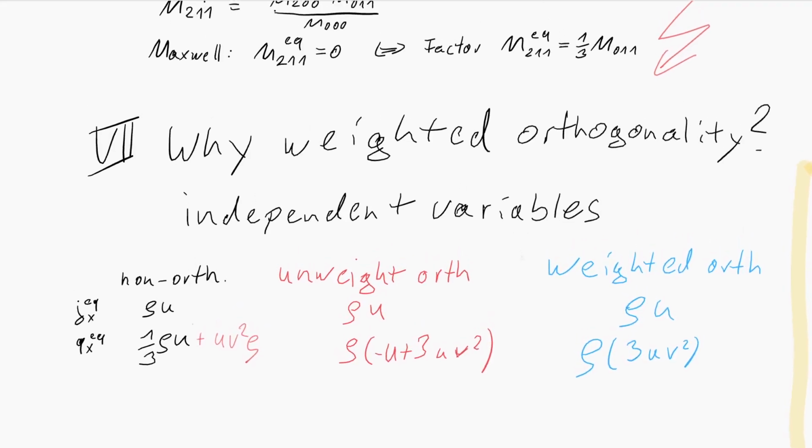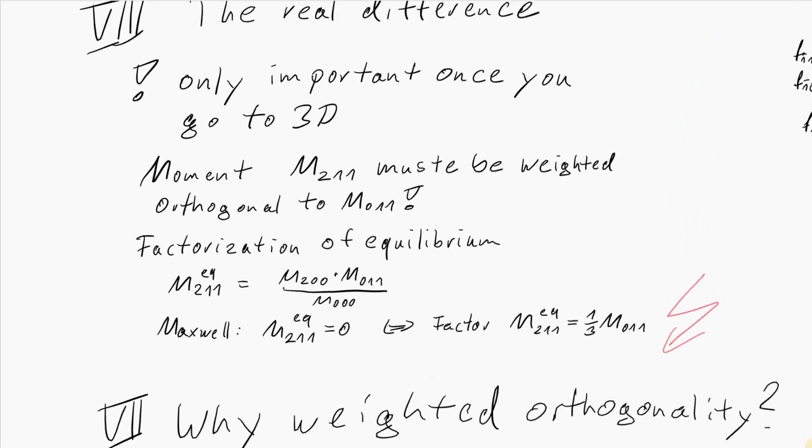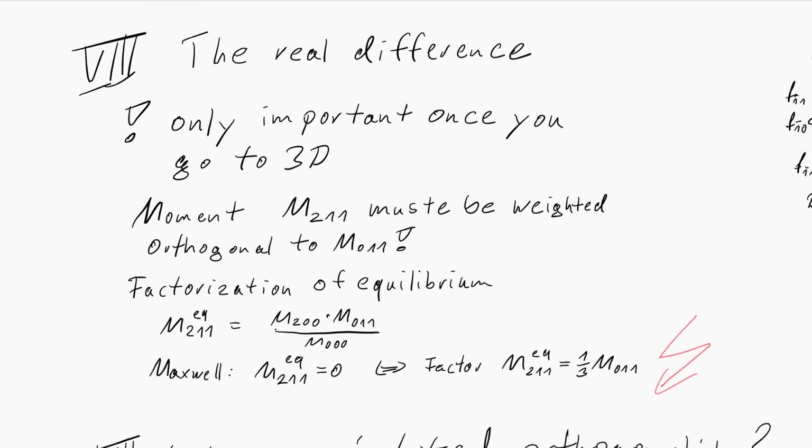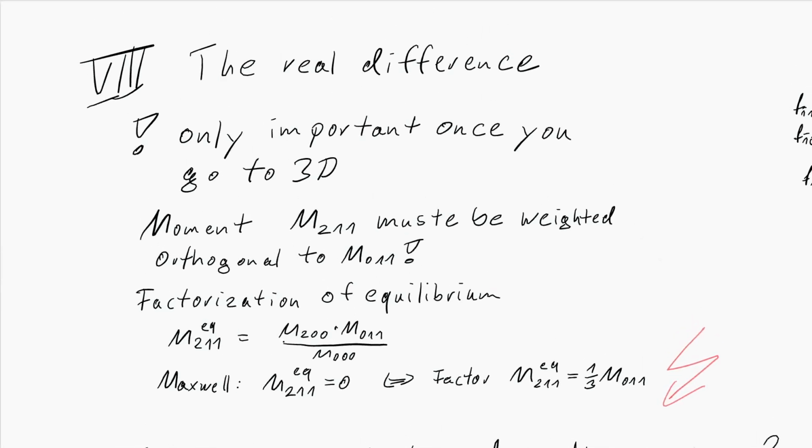So unfortunately, this is still not a very good explanation why we need weighted orthogonality, and in fact in 2 dimensions there is no good reason for this at all.